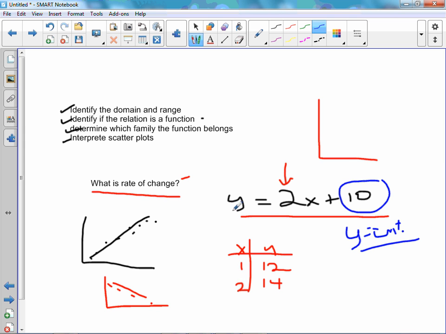It must be in the form of y equals, like we've had before. Everything's a function, in the form f of x equals or y equals. Once you have it in that form, the number by the x is the rate of change or slope, and the y-intercept is what's added to or subtracted from it. That's where it crosses the y-axis when you plot the points.